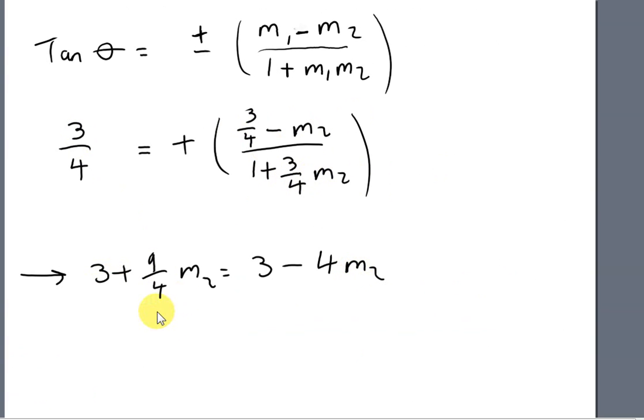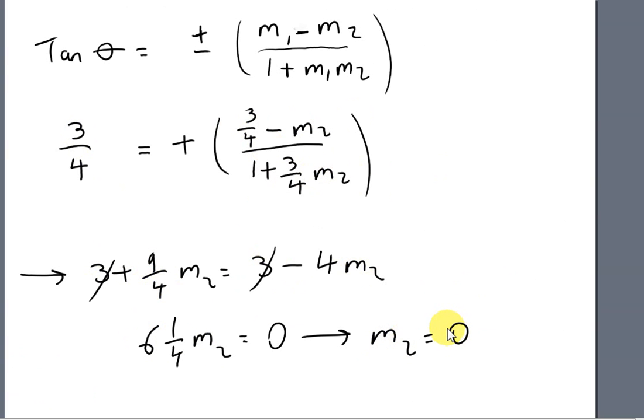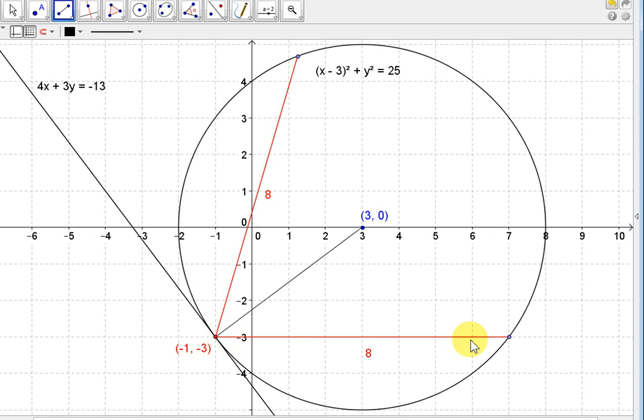If we bring all the M2s to one side, we get 4 plus 9/4 M2, that gives 6 1/4 M2 on the left hand side, and bring the 3 over, we get 0. Actually these just cancel out, so we see that M2 must be 0. And as you can see from the picture, this line is a horizontal line, so we've got the slope of this chord here.